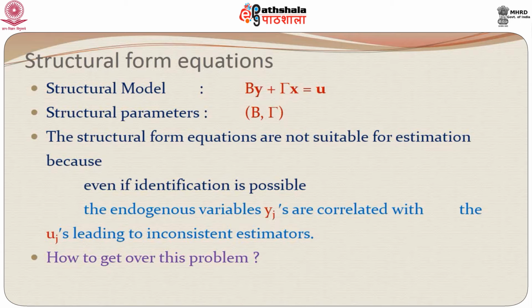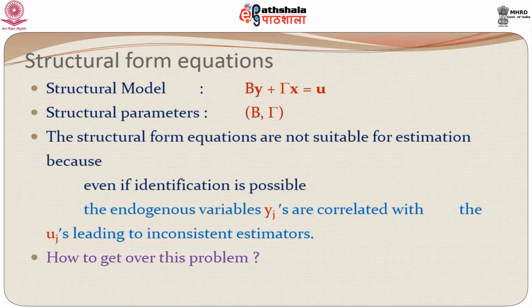Remember what we saw in the last lecture, that y1 can be written in terms of y2 etc. and the x's and the error, and we saw that y2 would be related to the errors, or similarly y3 would be related to the errors. So, all the endogenous variables on the right hand side would be related to the errors, and hence this would cause inconsistency in the estimators. So, we have a problem. How to get over this problem?